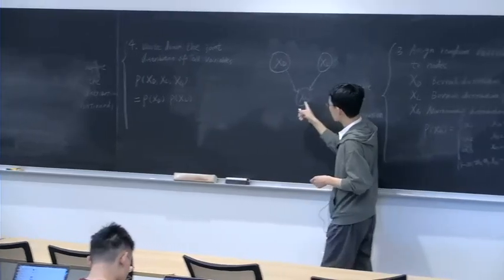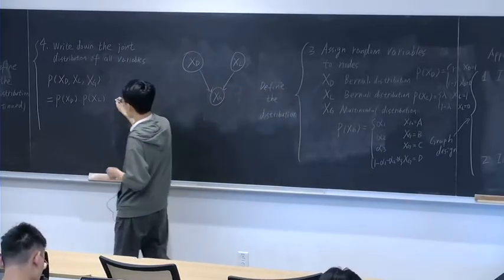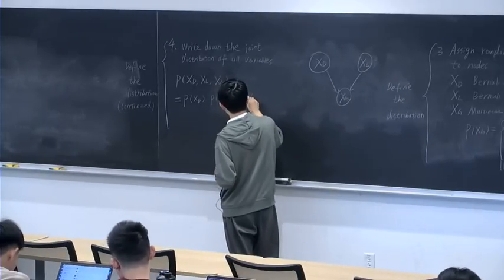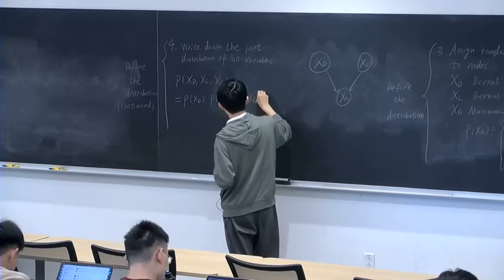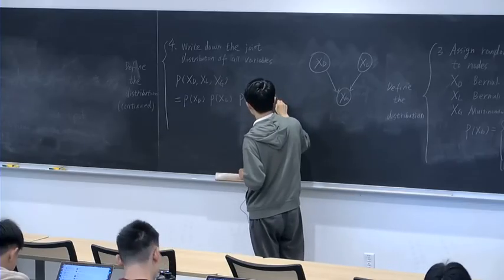And then for this node, it has two parents. In that case, we write down a conditional probability. The probability is defined over xg, but we condition on xd and xl.